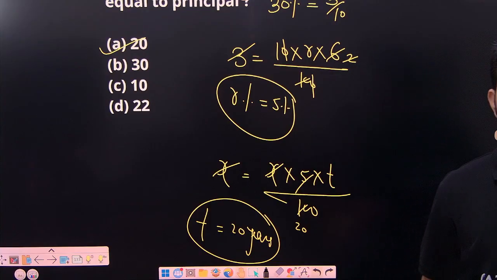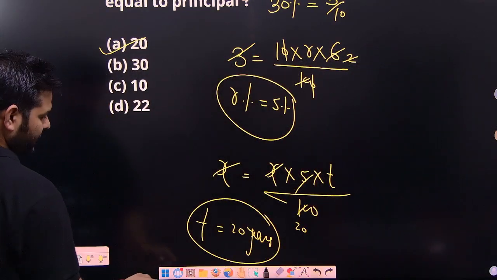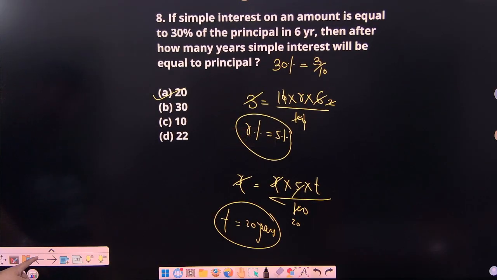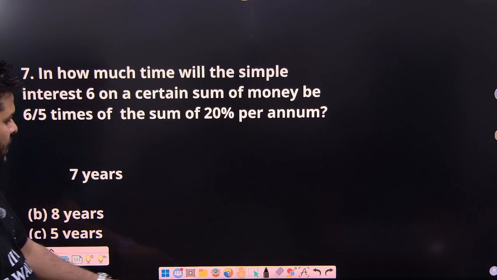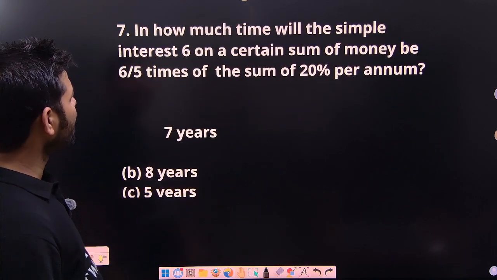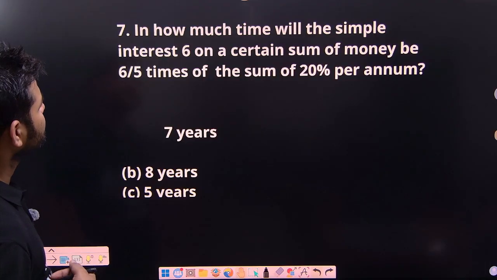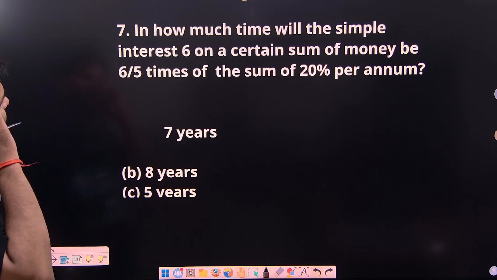Good question. Yes, question number 7. Question 7 of the same type, guys. In how much time will the simple interest on a certain sum of money be 6 by 5?